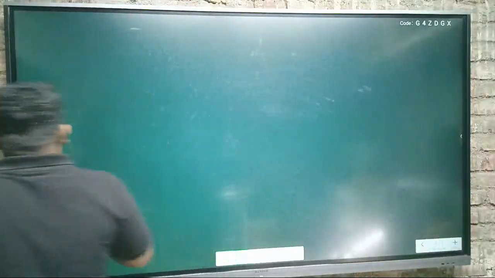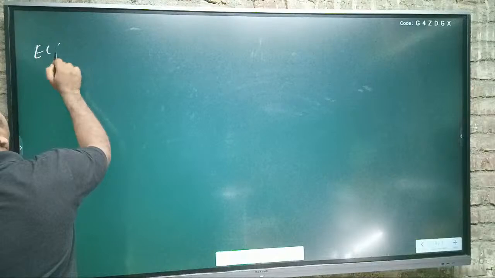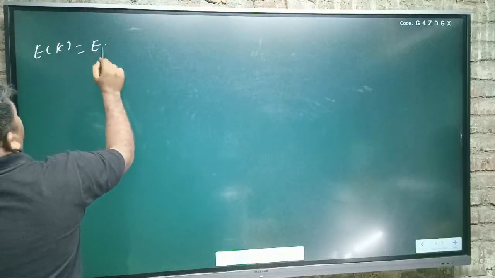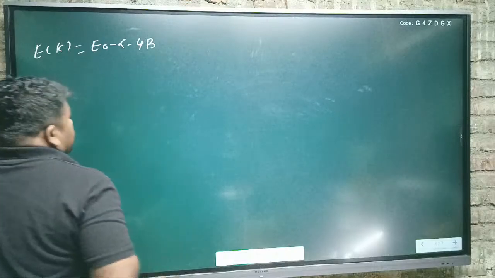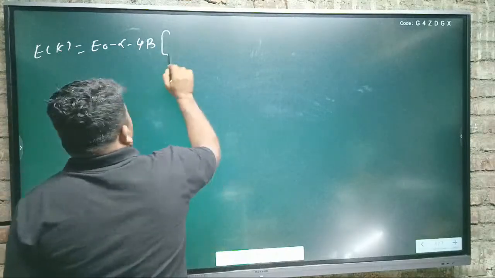Means what is the total? E of k is equal to E naught minus alpha minus 2 times, we can multiply by 2, 4 beta into how much?